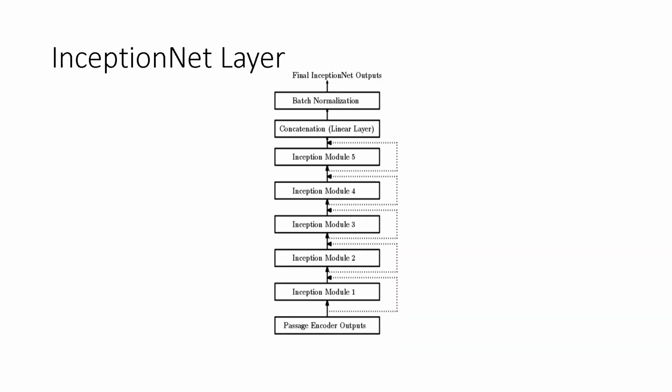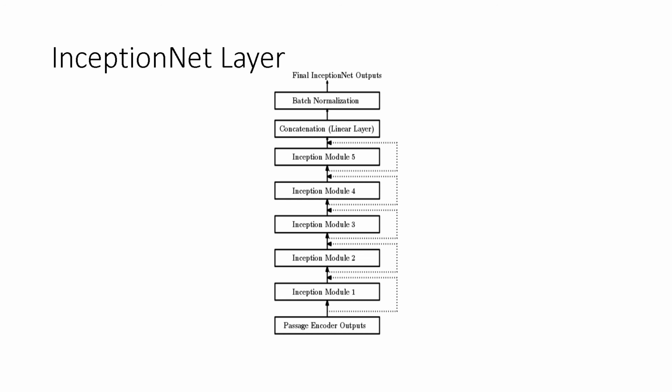Now the inception layer is basically responsible for the selection mechanism, and it is responsible for learning the local and global features. We have five inception modules chained together, each module having a varied size, and between each module we have residual functions.